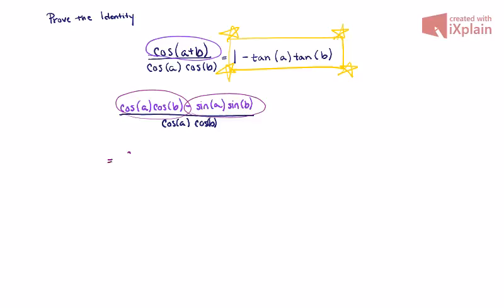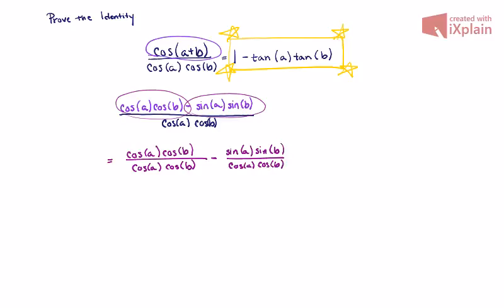So what I'm essentially saying here is I'm going to have the cosine of a times the cosine of b all over the cosine of a times the cosine of b, and maybe you're seeing something might come out from that, minus the sine of a times the sine of b all over the cosine of a times the cosine of b.